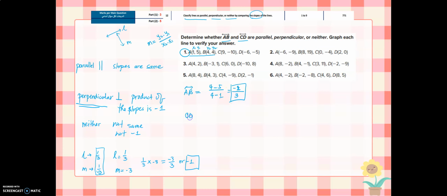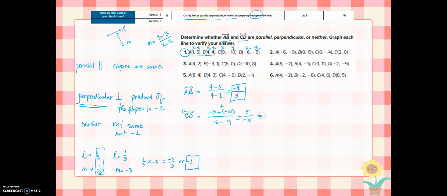What about the slope of line CD? This is x1, y1, x2, y2. Following the same formula, we have negative 5 minus negative 10 over negative 6 minus 9. Negative and negative gives a positive, so negative 5 plus 10 is 5, over negative 6 minus 9, which is negative 15.